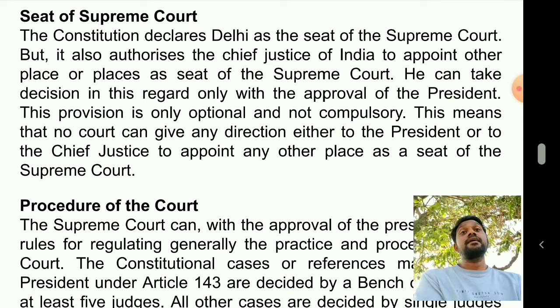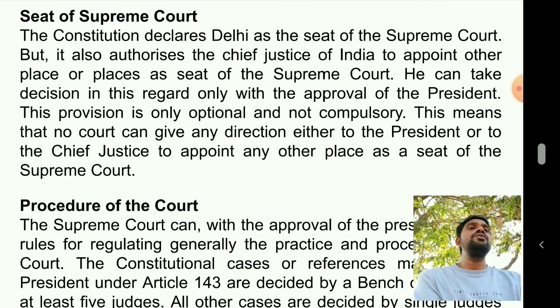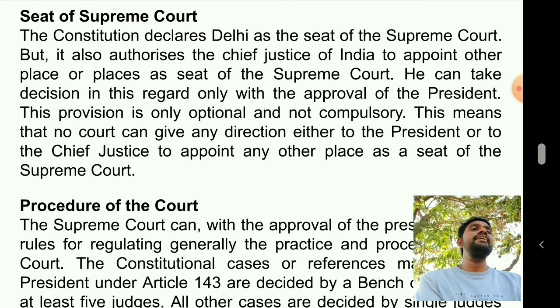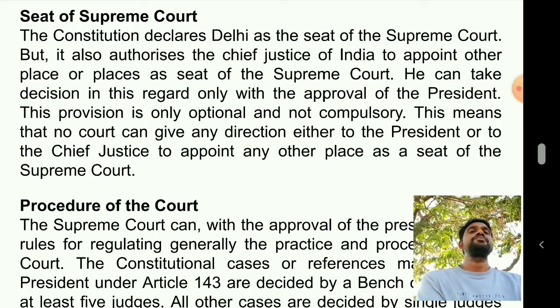Remember this. This provision is only optional and not compulsory. This means that no court can give any direction either to the President or to the CJI to appoint any other place as a seat of the Supreme Court.